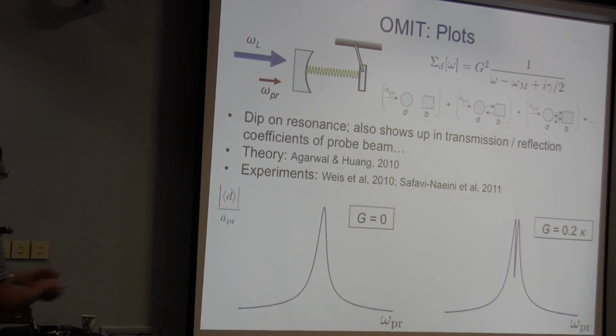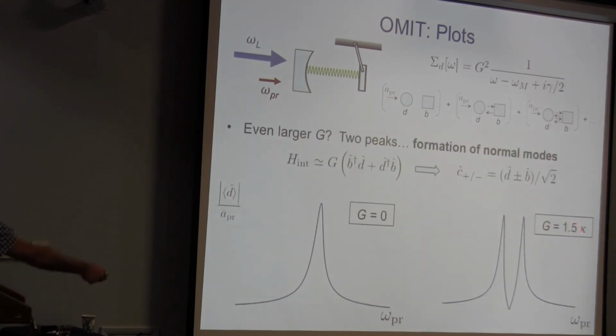Okay? So what happens if I crank up this coupling constant even larger? So what happens at this feature here? Well now, here I've taken big G to be bigger than kappa. That feature now starts to really look like two distinct peaks. Okay, and that also is not so surprising, right?